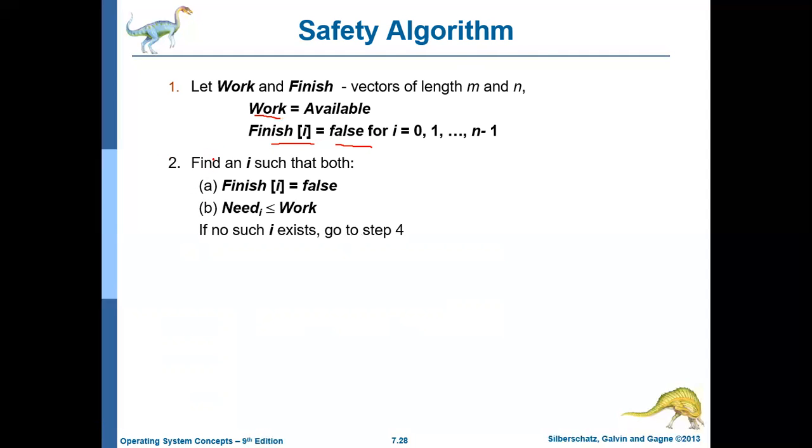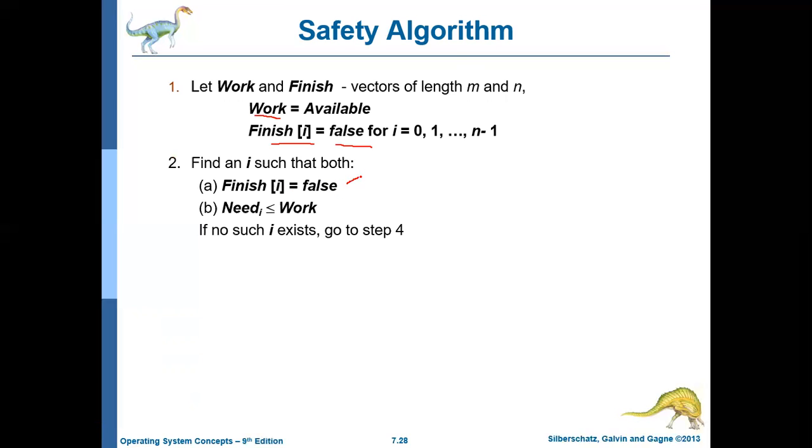Then the second step of the algorithm says: find an i such that both of the following conditions are satisfied. What are the conditions?